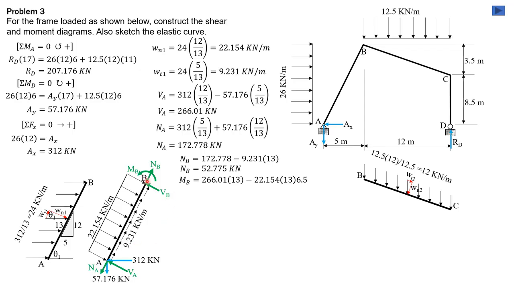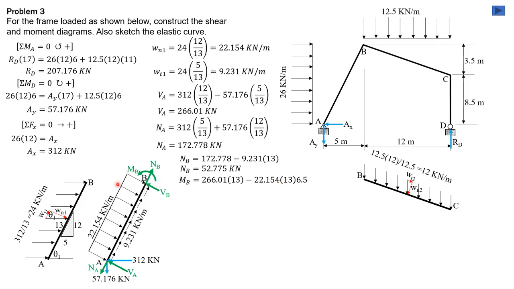Likewise, moment at B, we look at here: V sub A times 13 minus 22.154 times 6.5, the moment arm of 22.154, because this is 13, and half of 13 is 6.5. So 22.154 times 13 times 6.5.